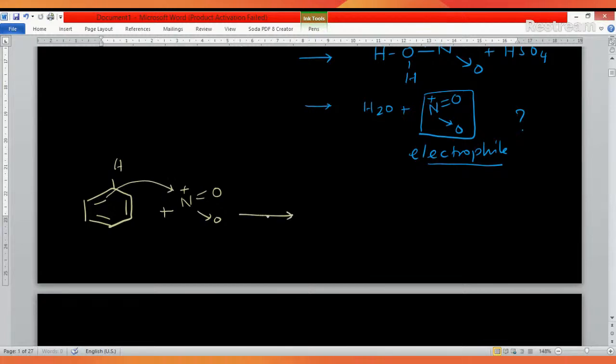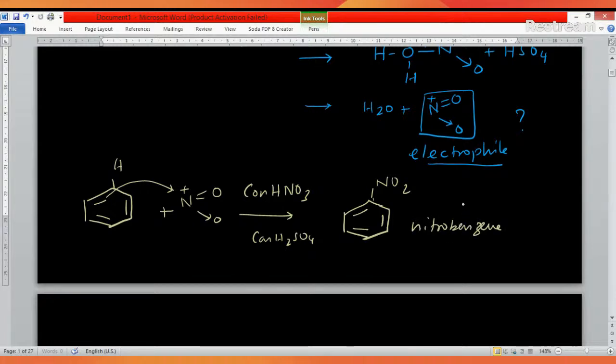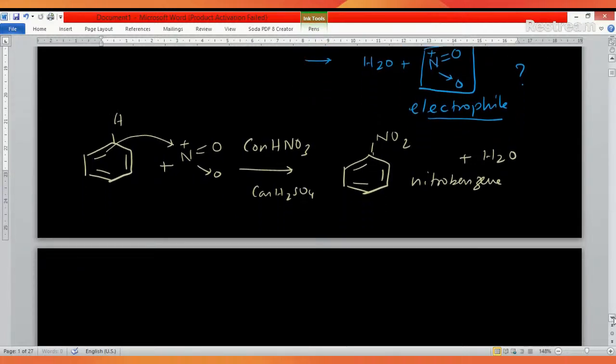So due to the attack of the electrophile by using these two mixtures, we will get the substituted benzene, namely nitrobenzene, with the loss of H2. Its mechanism is explained as follows.